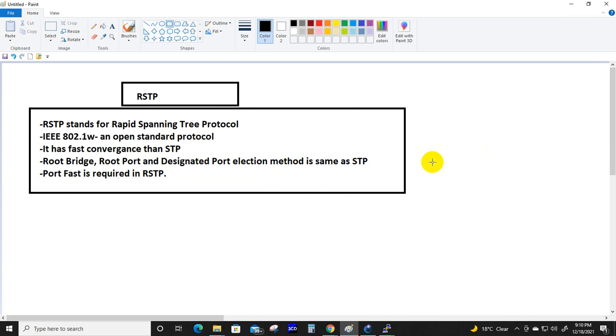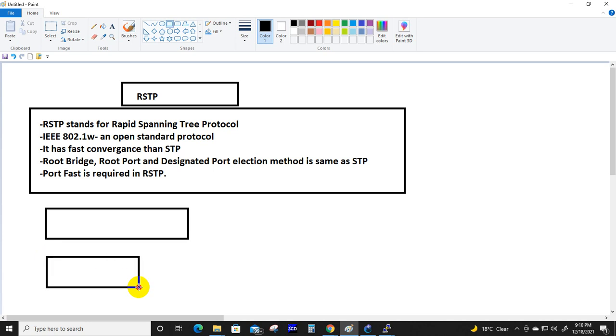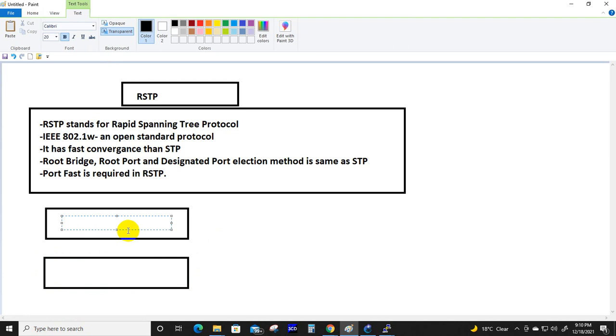Any doubt up to these points? No, sir. Okay, very good. So we have either a Cisco device or a non-Cisco device. We have either a Cisco box or a non-Cisco box.